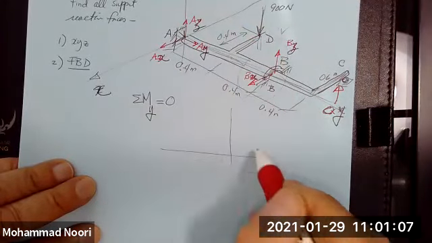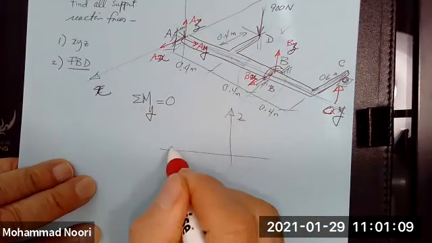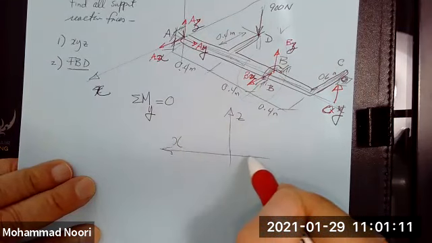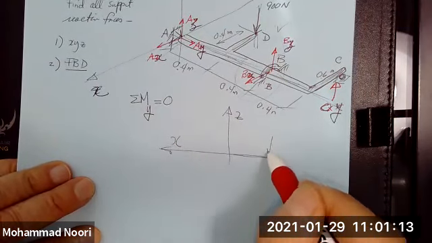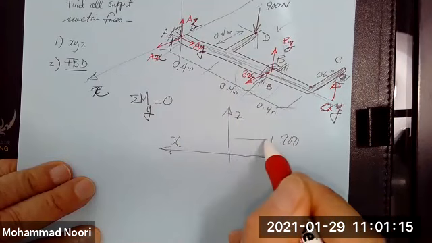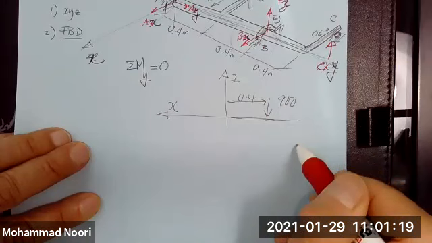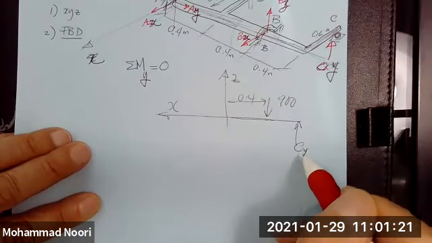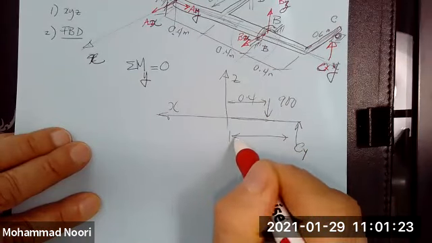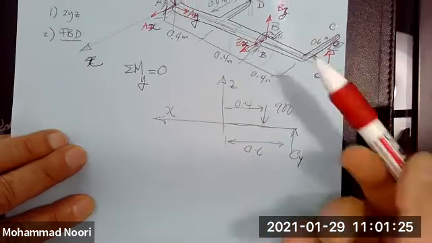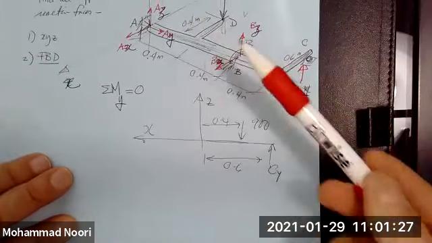If I draw that, like this is Z, this is X, what I have is this 900 Newton at 0.4, and I have this CY, which is at 0.6. Can you see that? Can you visualize that?